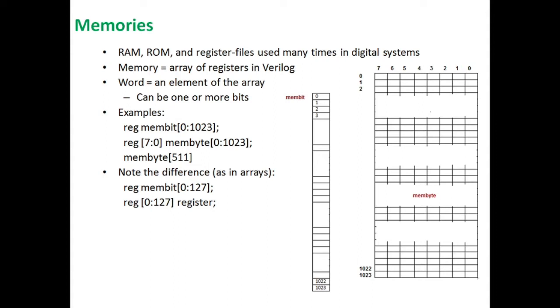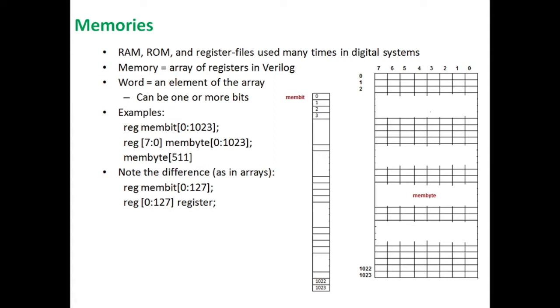So WORD, a word, has a multiple bit width. Now each word can be 1 or more bits, but we have to understand the difference between one n bit register as well as n 1 bit registers.